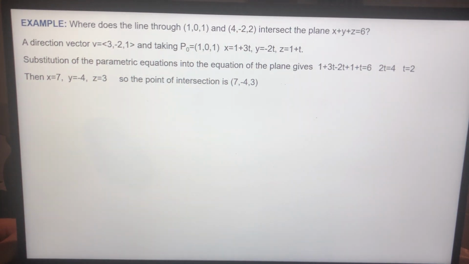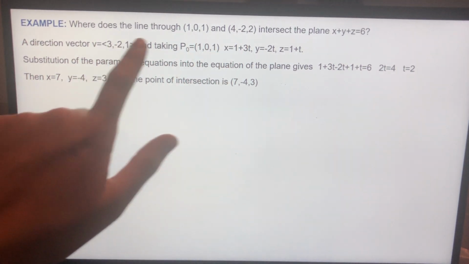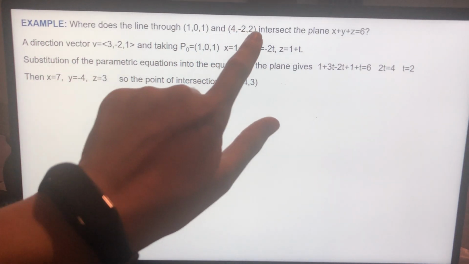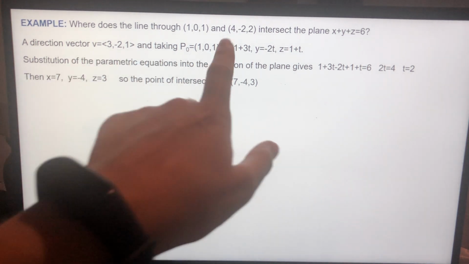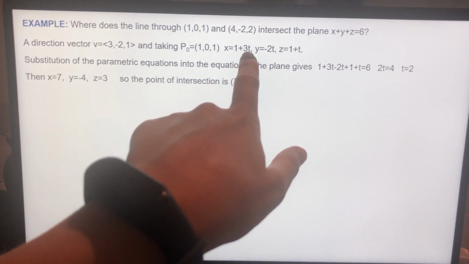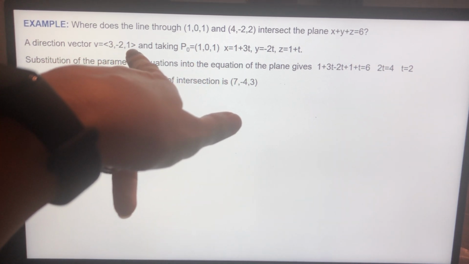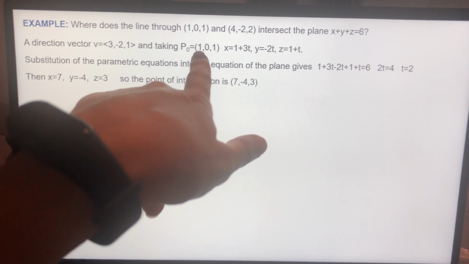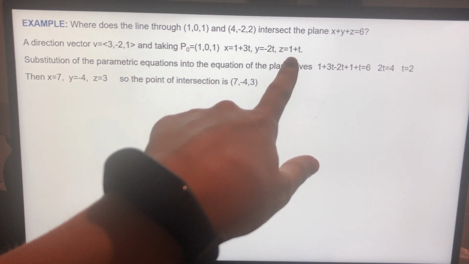We did that example, which will be 3 minus 2, 1, 4 minus 1, 3, minus 2 minus 0, minus 2, 2 minus 1, 1. So this is your direction. Take the point 1, 0, 1. You can write the equation of a line, which will be x0 plus at. a is 3, b is minus 2, c is 1, and here x0, y0, z0. And you can easily write the equation of a line.